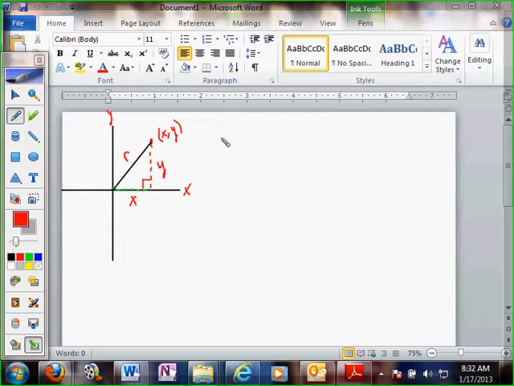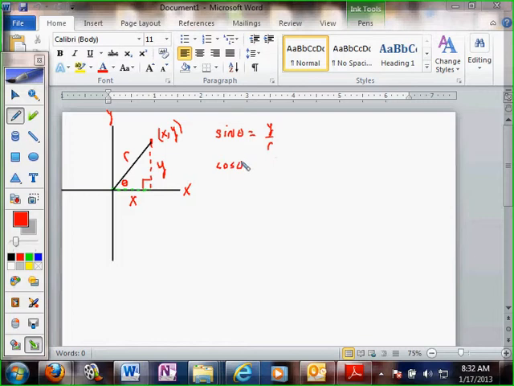On your note card, you see the sine of angle theta, which is the angle created by the x-axis, the initial side, and this r, which becomes the terminal side of this angle. So sine of theta is equal to y over r.